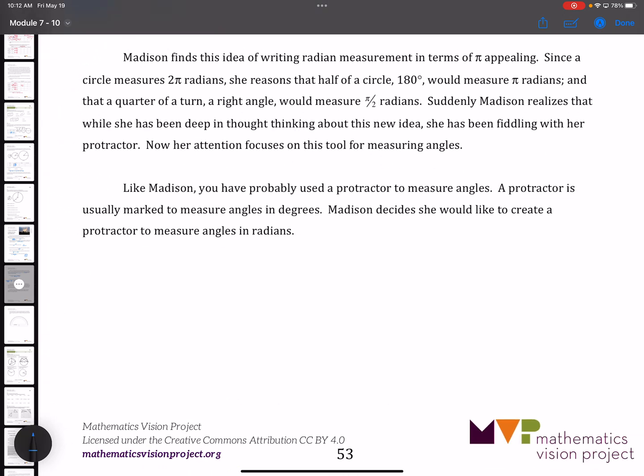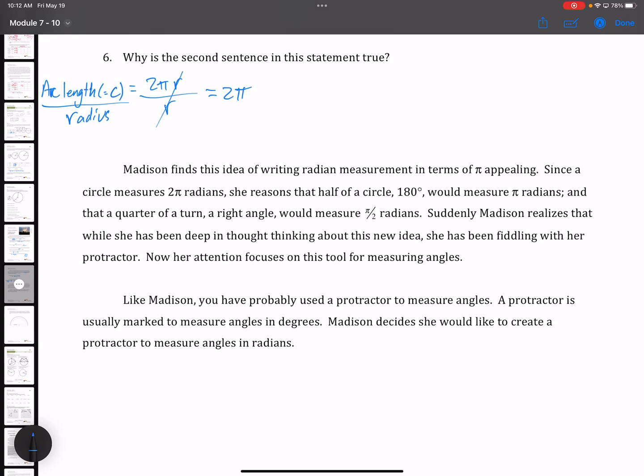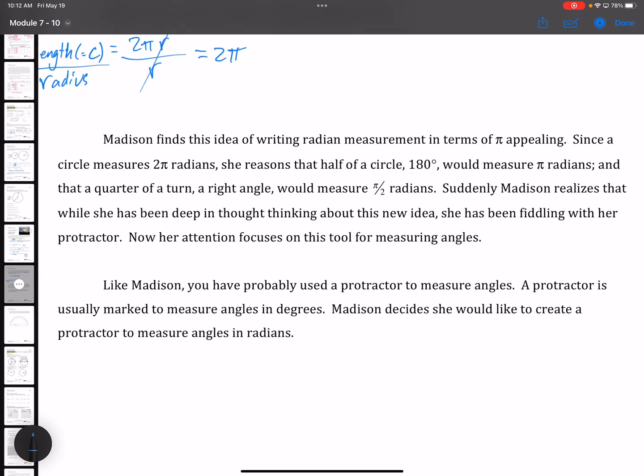Okay, let's see. Mia, will you read this paragraph here? Madison finds the idea of writing radian measurements in terms of pi appealing.